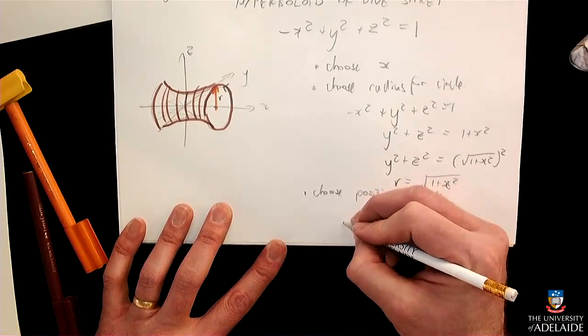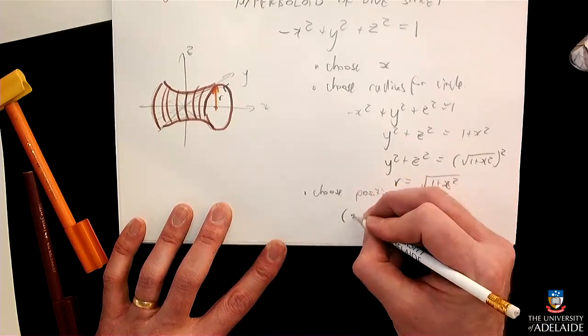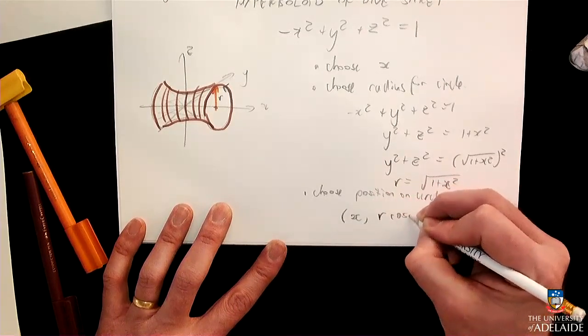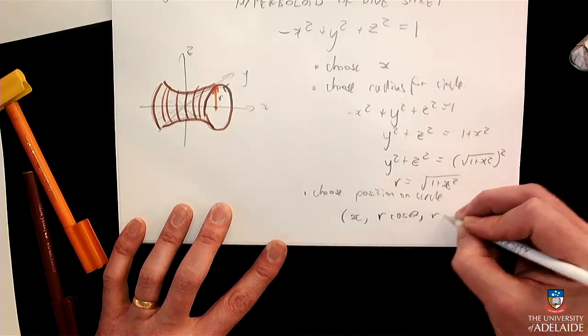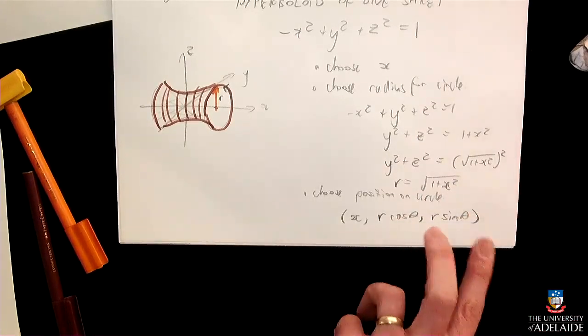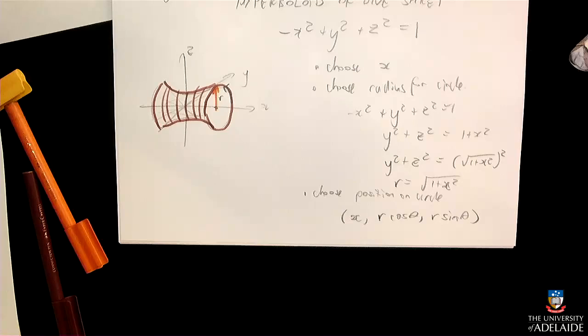And so that would mean that it has x-coordinate x, and the y-coordinate will be r cos theta, and the z-coordinate will be r sine theta, because you always choose a circle by doing cos theta, sine theta, because it neatly finds every point on a circle.